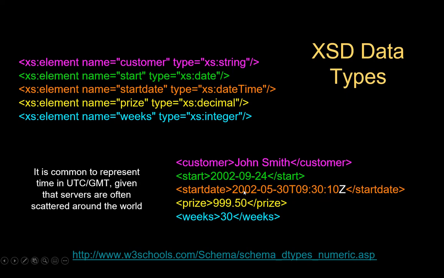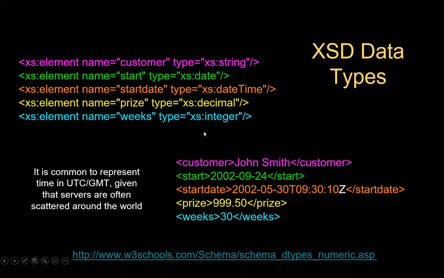Also, we have to notice that the date format is year, month, and day. Then we have another element which is called price with the type decimal, so we can have a decimal point in this case. And we have another element which is called Vix, and the type of it is integer.